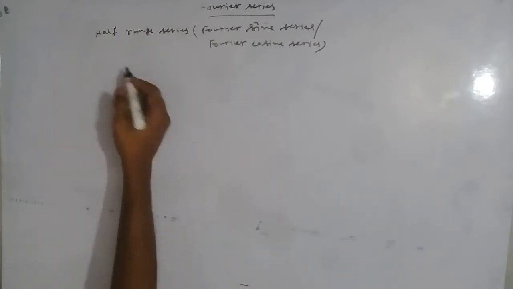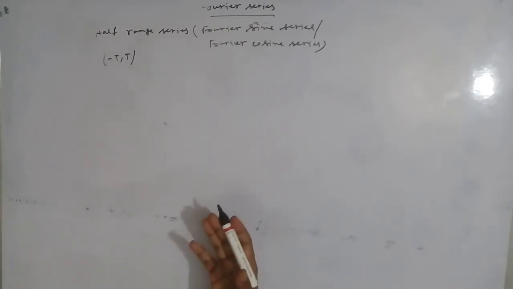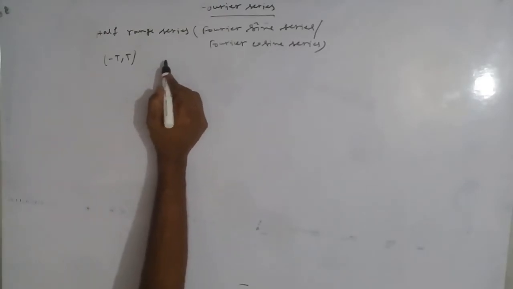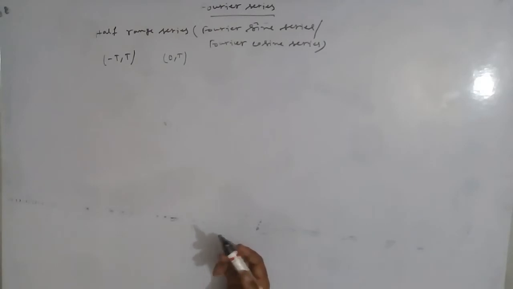Why is this type of series called half range series? Because in the previous definition the function was defined on the interval minus t to t. Now the function will be defined on the interval 0 to t. So how can we obtain this half range series?